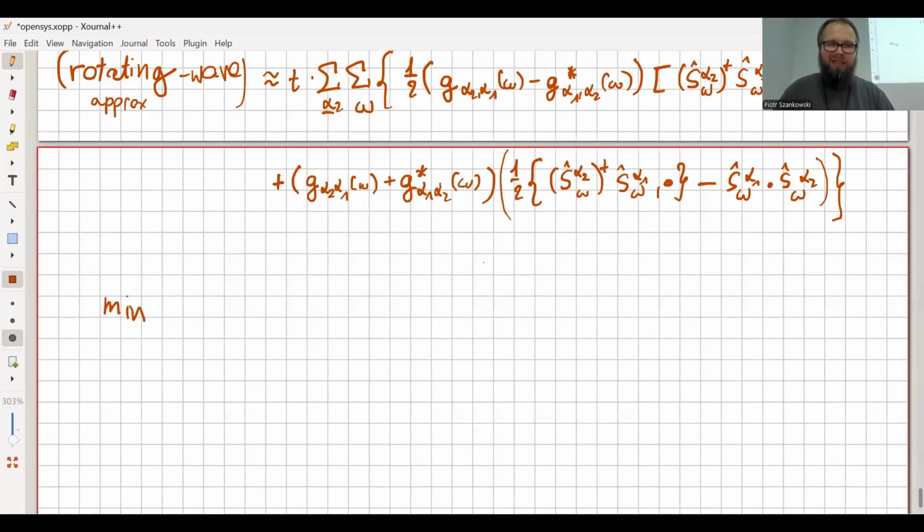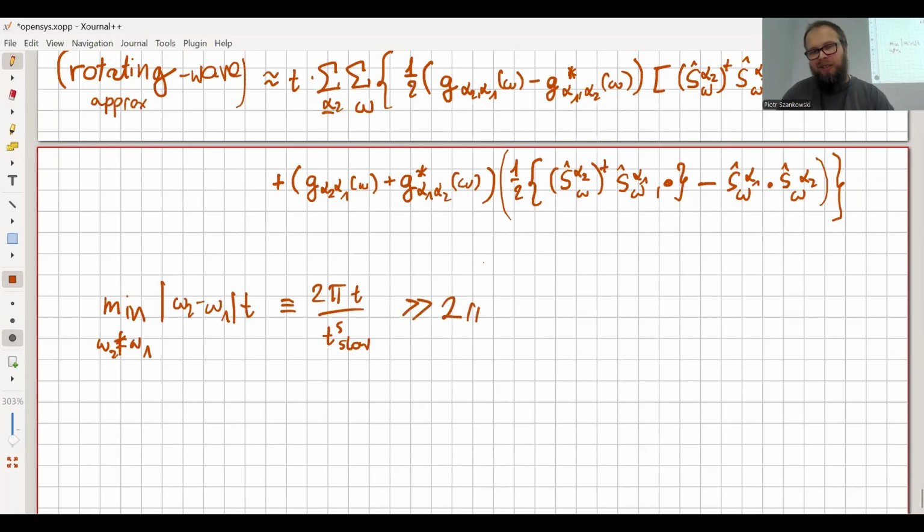So take the minimum over omega 2 different from omega 1 of omega 2 minus omega 1 times t, which we can call 2 pi t divided by the slowest time scale in S. And this has to be much longer than 2 pi, which implies that t must be much longer than the slowest time scale in our problem.